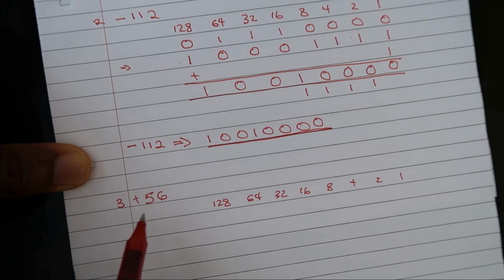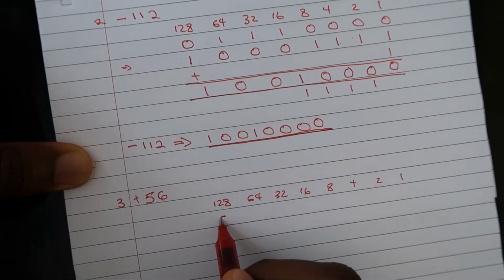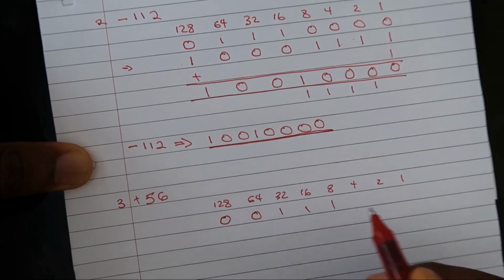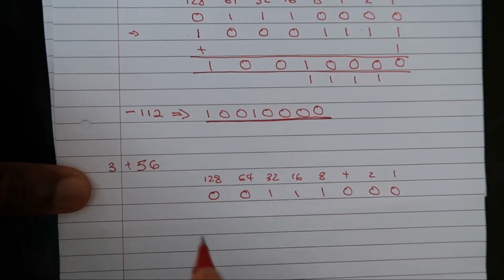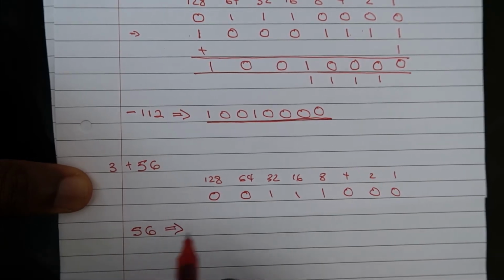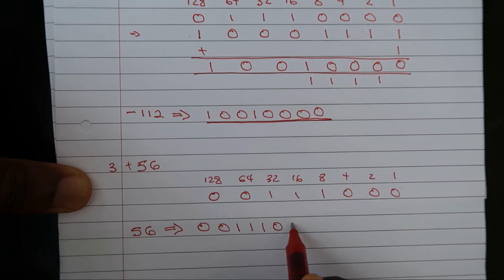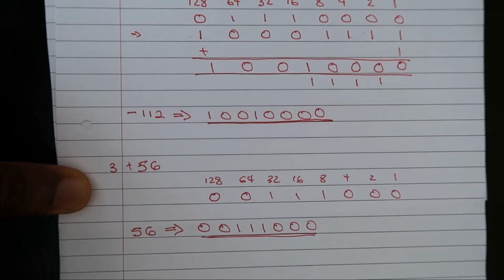Because it's a positive value, we only need step 1. So all we have to do is write 0, 0, 1, 1, 1, 0, 0, 0. So 56 in denary, represented in binary using 2's complement, will be 0, 0, 1, 1, 1, 0, 0, 0. That's our final answer.